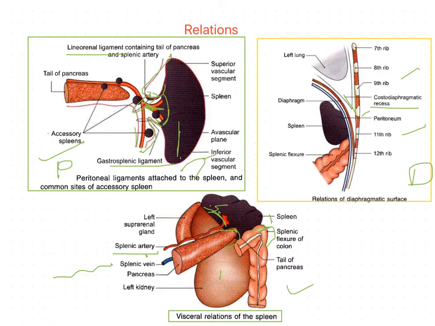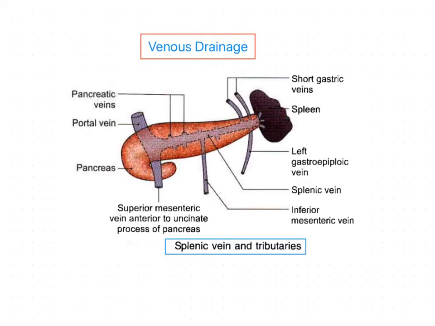Now we will see the venous drainage. The venous drainage is mainly done by the splenic vein. The splenic vein is formed at the hilum of the spleen. It runs a straight course behind the pancreas, and joins the superior mesenteric vein behind the neck of the pancreas to form the portal vein.